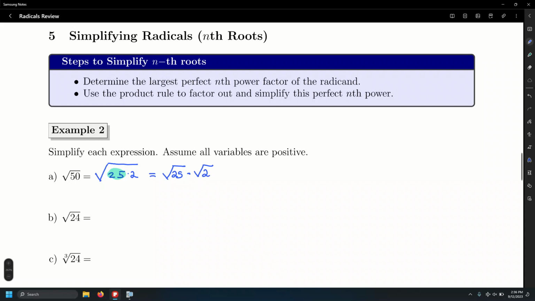And just evaluate the square root of the perfect square. In this case, what's the square root of 25 again? 5. And the square root of 2, it's just the square root of 2. So that'll be 5 times the square root of 2. And final answer. All right? That will be an exact answer.